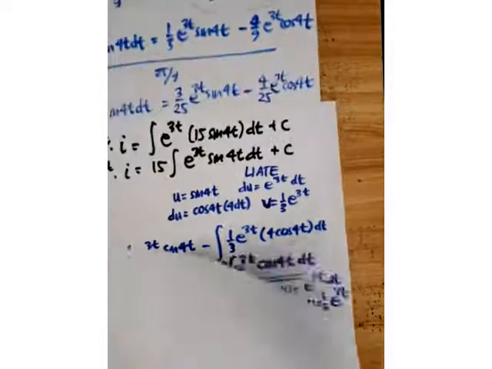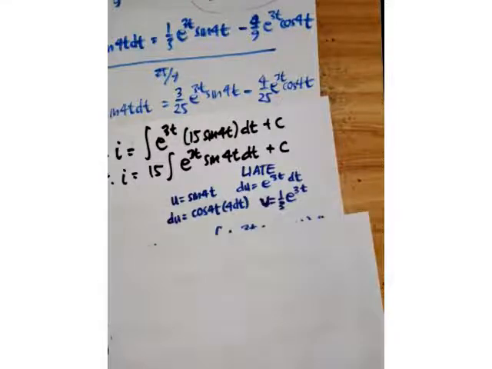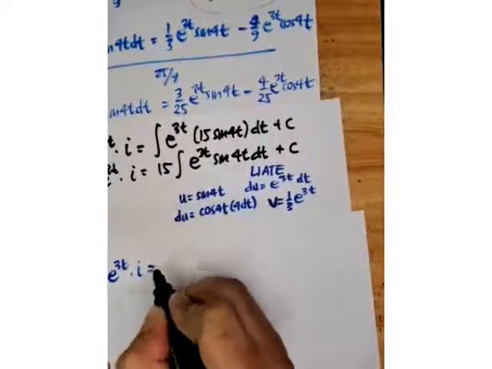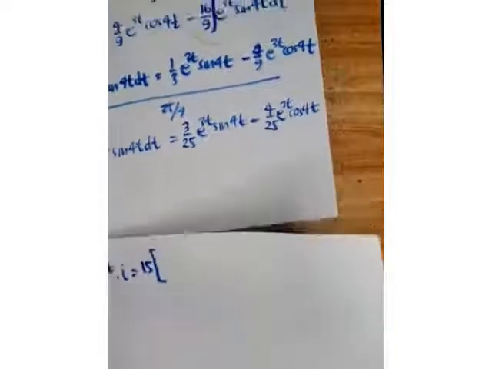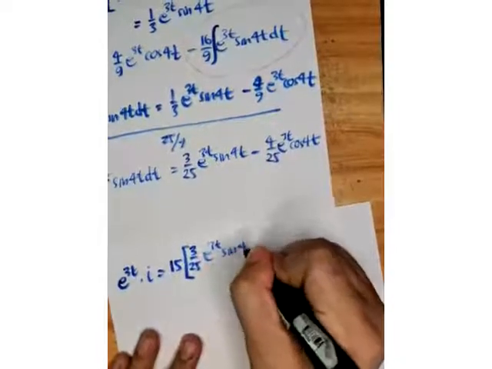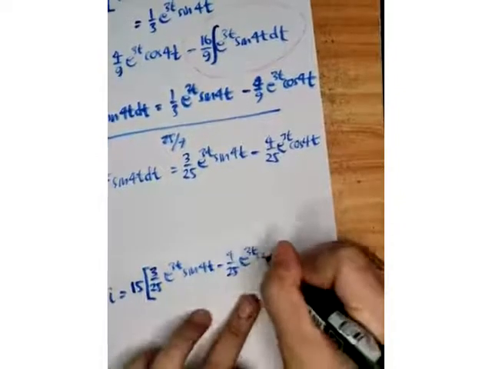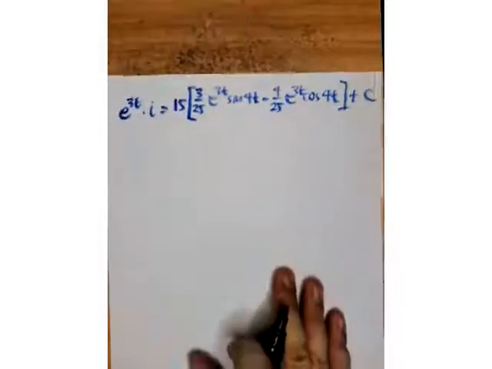our answer is, okay, so ang final answer natin, malapit na, pero wala pa din, e raised to 3t times I is equal to 15 times 3 over 25 e raised to 3t sine 4t minus 4 over 25 e raised to 3t cosine 4t plus C. Okay?